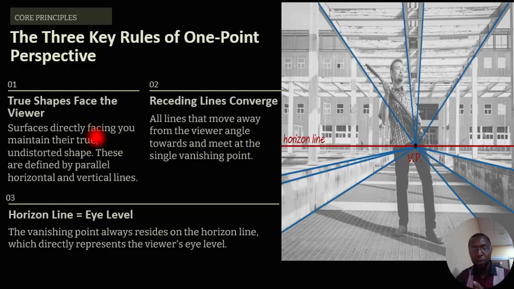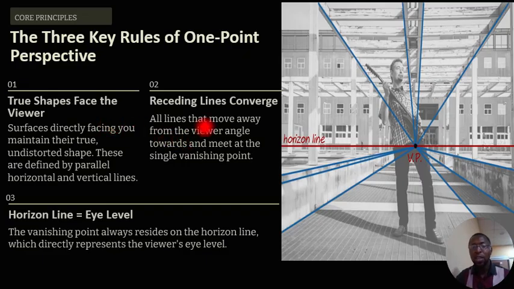The object must face you directly. The surface of the object must face you directly, and you must draw the exact shape of the object that is facing you. And this shape is identified with parallel lines like horizontal and vertical lines. So that's the first key rule: the true shape must face the viewer.